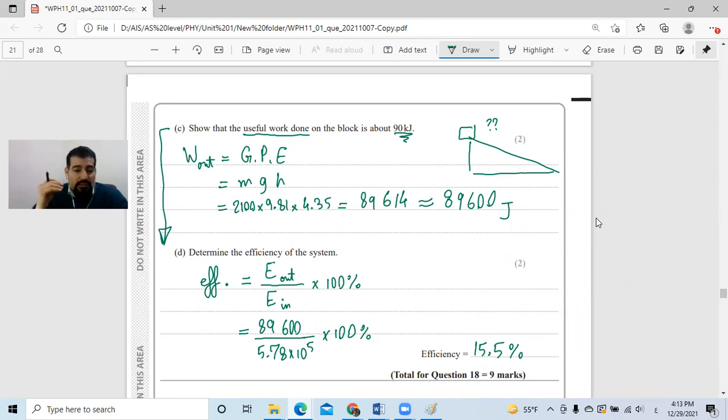And the input is how much work is done to do that: how much fuel we burn, how much work force times distance, how much power the engine has, how much electricity it uses. It depends on the question and the given. So because I have two energies, I divide the smaller one on the larger one.